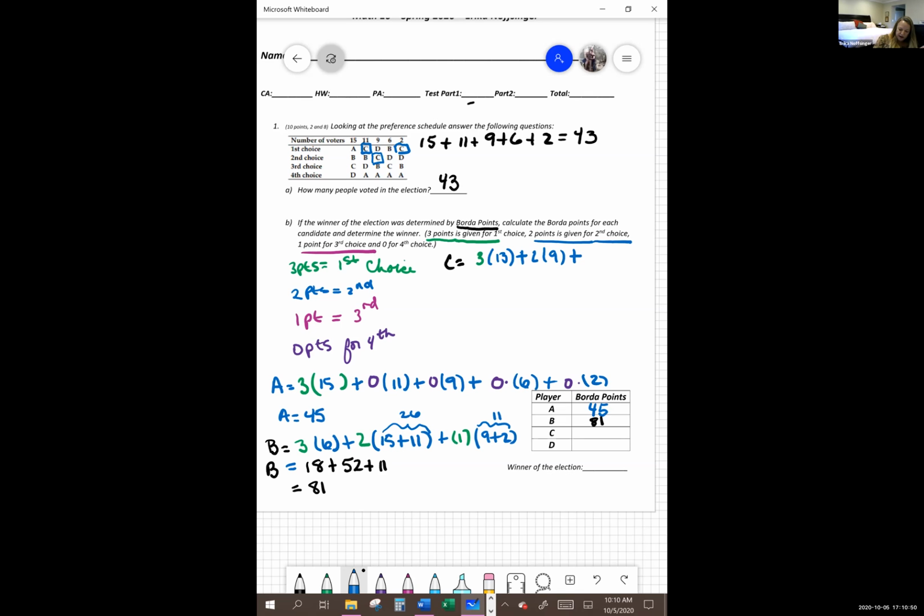And then C was ranked third by 15 players here and 6 players here, so that is 21 players, and third place is worth 1 point. So C is worth 3 times 13 is 39, plus 2 times 9 is 18, plus 21. So 21 plus 39 is 60, and 60 plus 18 is 78.